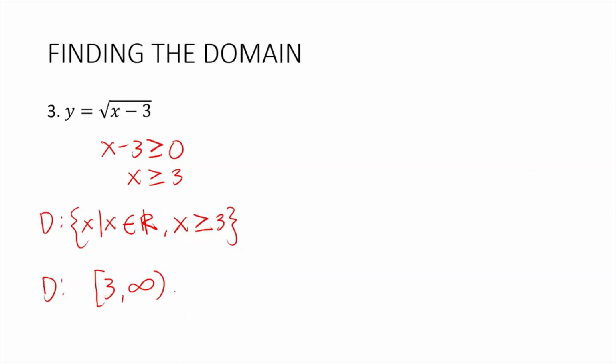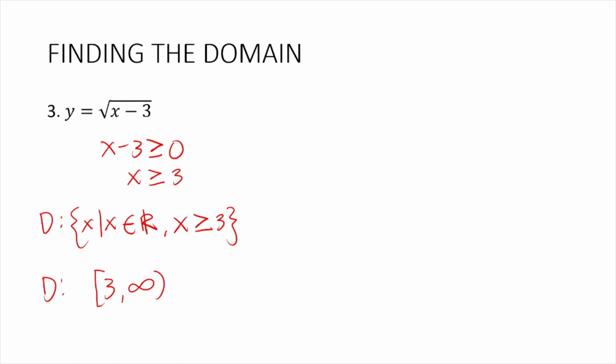Okay, so we always use parentheses for infinity because infinity is not a real number, right? Infinity is just a representation for extremely large numbers, so we cannot pinpoint the exact value of this idea of infinity. That's why we cannot use a bracket, because we cannot include what we cannot pinpoint, right? So we always use parentheses for infinity.